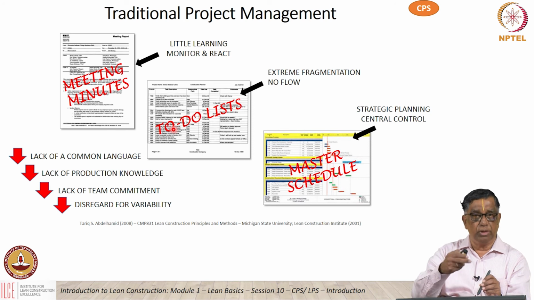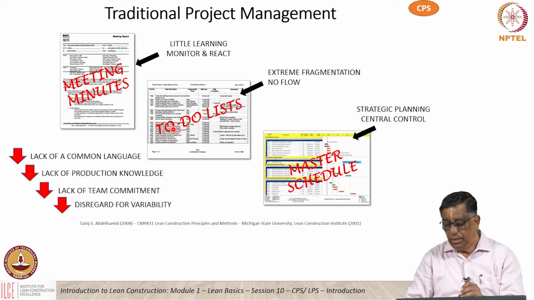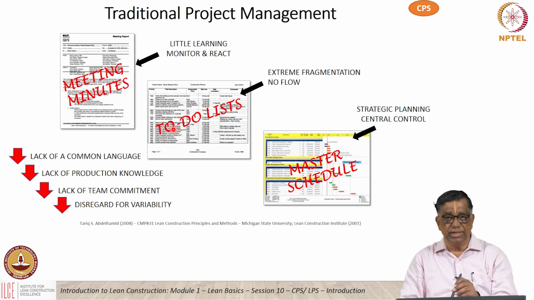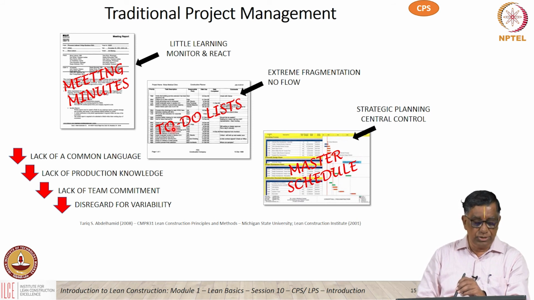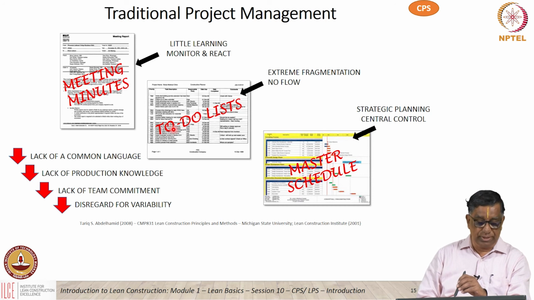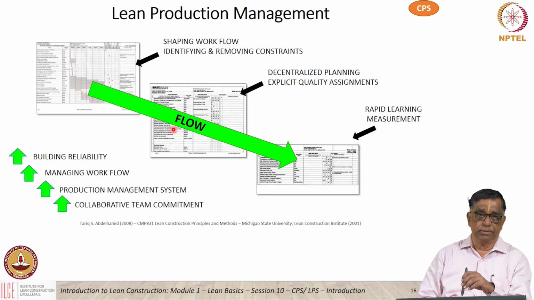It's actually a number of specific activities to be done by various people. And then we have the master schedule, which is again too granular, too broad, too large to have any control. So there is a lack of common language, and the production knowledge is not percolated across the entire spectrum. We have a lack of team commitment, and then the variability keeps on happening, very little regard for controlling that.